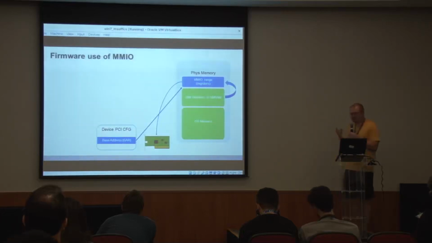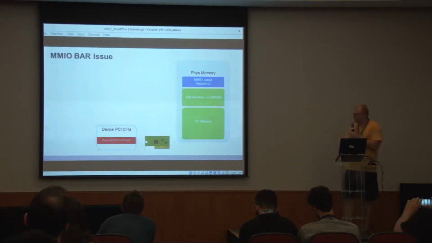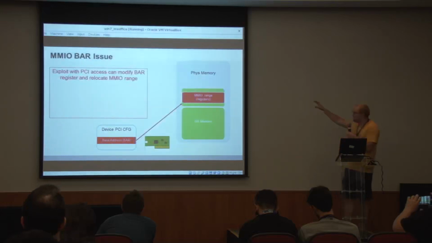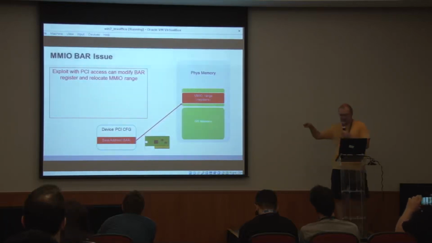But in many cases, the MMIO BAR is not locked because they allow the operating system to relocate the BARs to increase the flexibility of the system, because it's not an SoC. In an SoC, you need to have a constant, but here you don't. Because of this, an attacker may overlap this MMIO BAR with SMM and build an attack on top of this. When the transaction goes from or to the device, in this case, it will not pass through because of the TSEG protection.